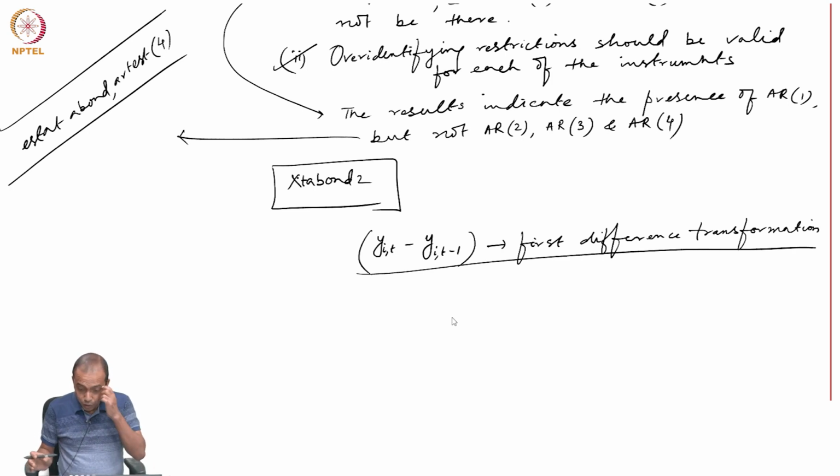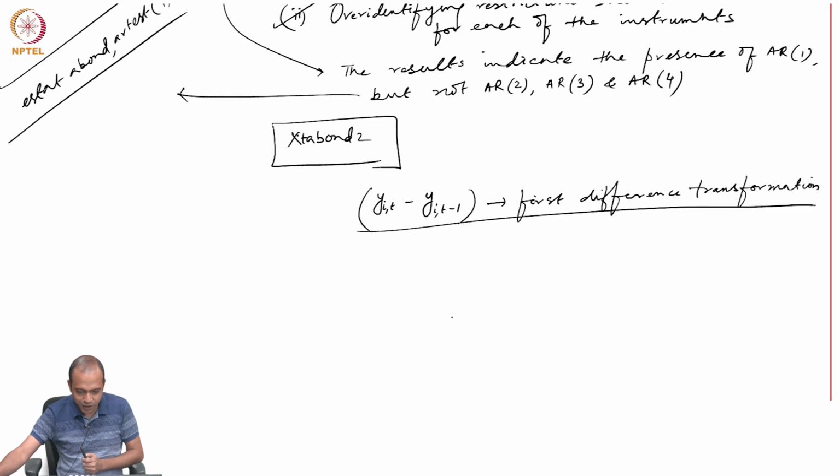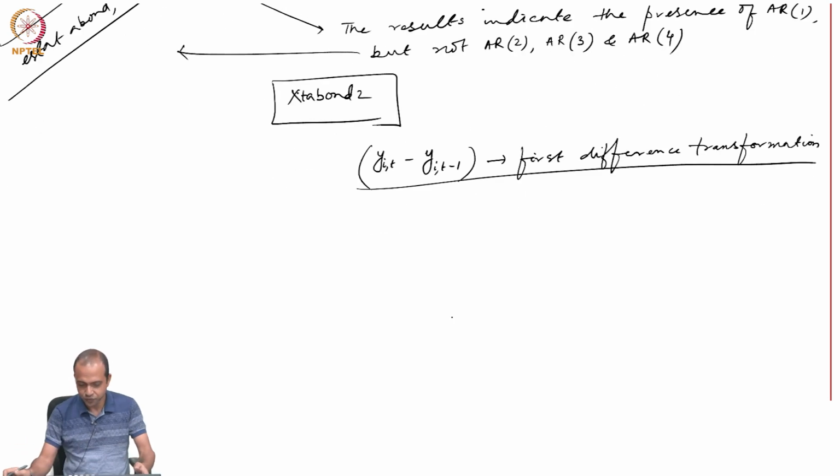So, to combat this problem, there is a suggestion given by Arellano and Bover 1995, which is called forward orthogonal transformation. This is very important. Please keep in mind, what we are discussing here is very important when you have an unbalanced panel and are trying to estimate it by first difference transformation, right?